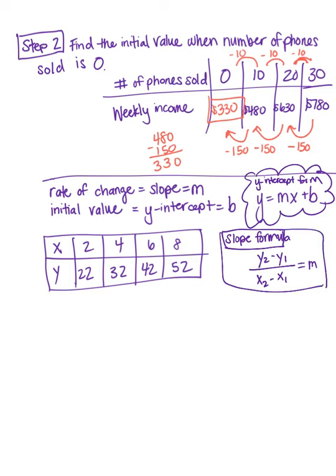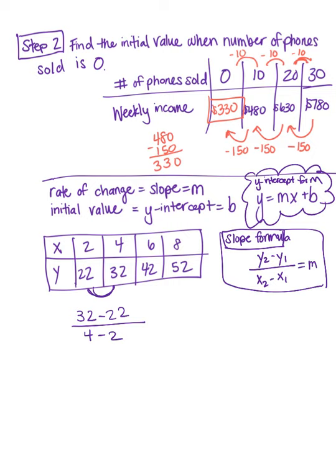All right, so let's find our slope first. We're going to take these two values, 22 and 32, and we're going to subtract y2 minus y1, 32 minus 22, over the difference in our x's, which is 4 minus 2.